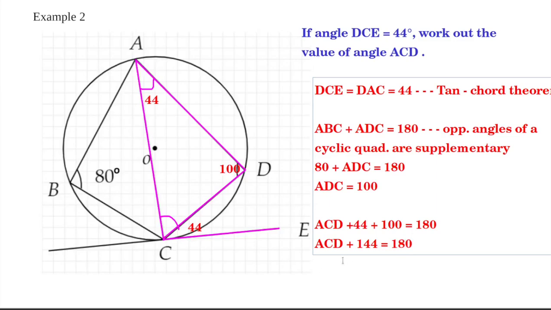Then subtract 144 from both sides of the equation. Just remember, algebra works on balancing. What you do on the left, you must do on the right. So your ACD is equal to 180 take away 144, which gives me 36 degrees. So that's the value of the angle there.